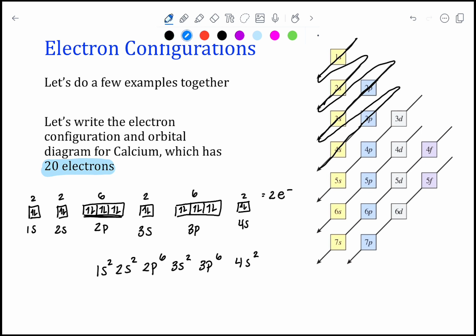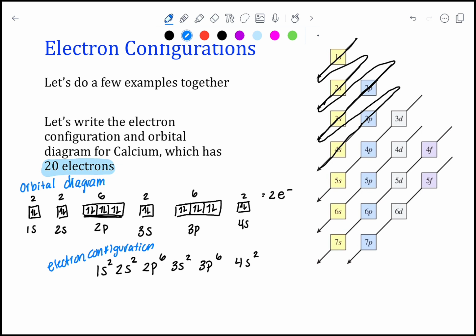So we've written our orbital diagram, as well as our electron configuration. Now I drew my orbital diagram linearly, mainly because drawing them with specific energies, going up in energy, there may not be enough room.